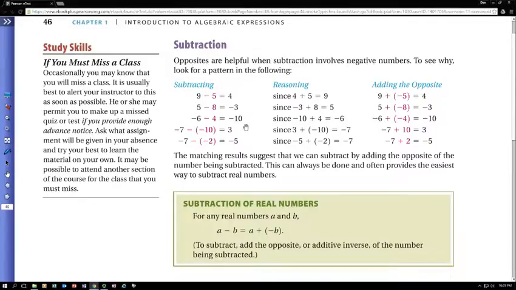Here's where I see all kinds of errors if you do not change this to an addition. When we're subtracting a negative number, it gets confusing until you change it to an addition, which is add the opposite. So negative 7 minus a negative 10, I'll get a lot of answers when it's left in subtraction.